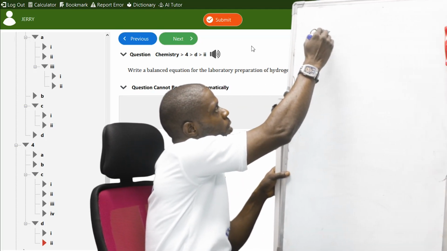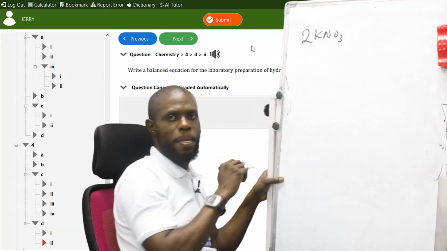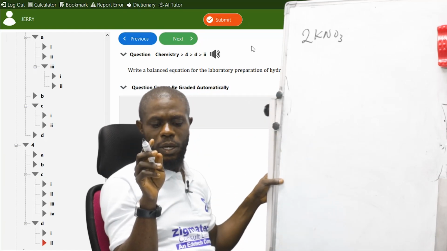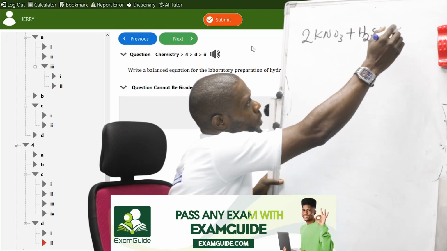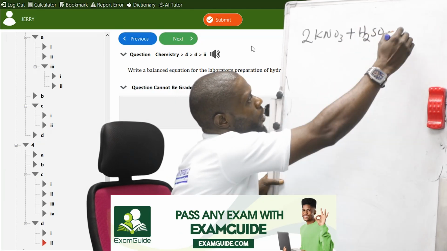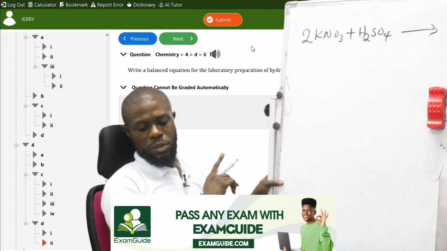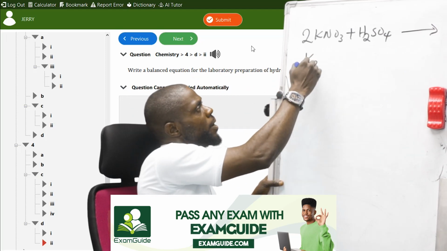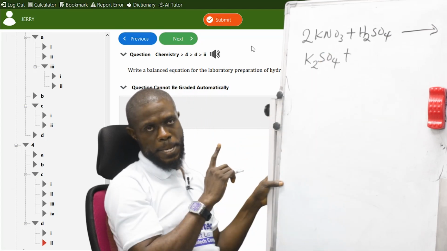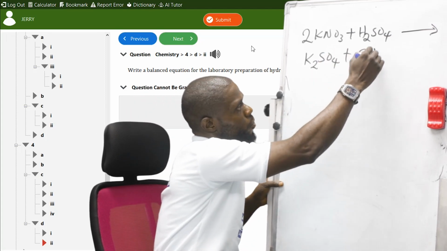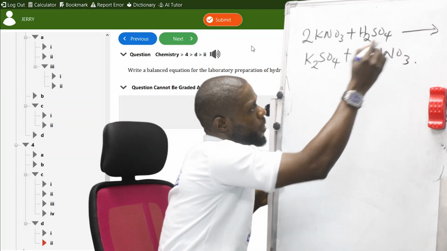So it will be 2KNO3 plus H2SO4 will produce K2SO4 and 2HNO3.